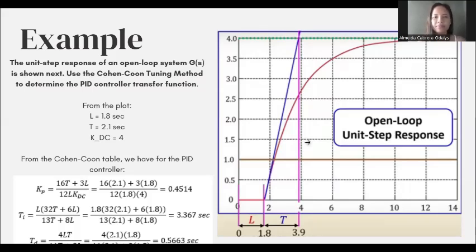The time constant is obtained at 63% of the total change, but the delay time must be eliminated, giving the value of 2.1 seconds. Finally, the DC gain is the total change, 4.